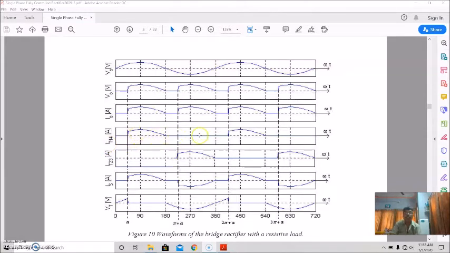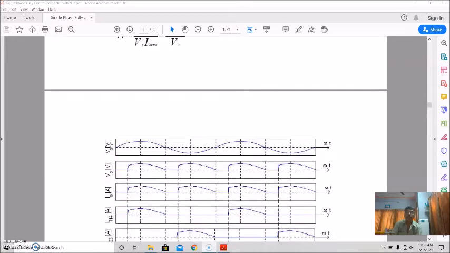This is for the positive half, and through the negative half of the supply voltage thyristors 2 and 3 will conduct. Here this is the firing angle, and this is the next positive half.